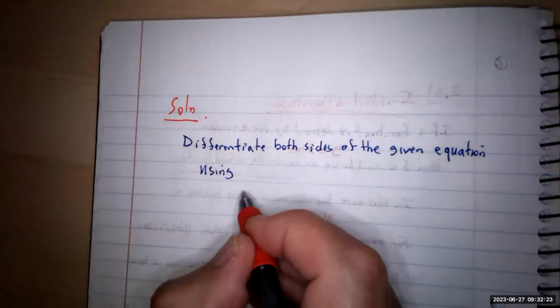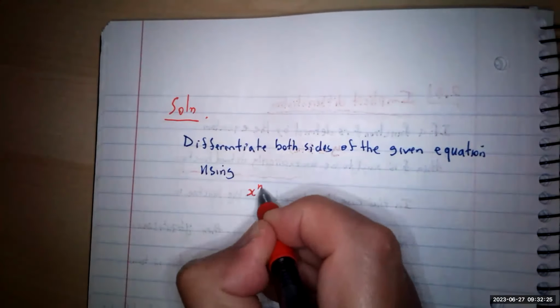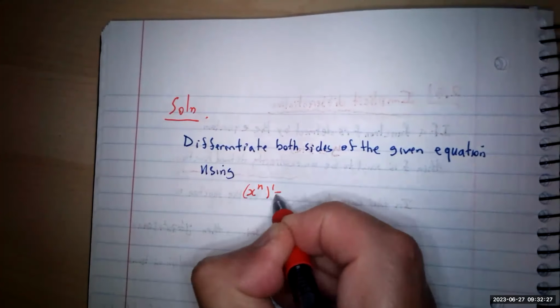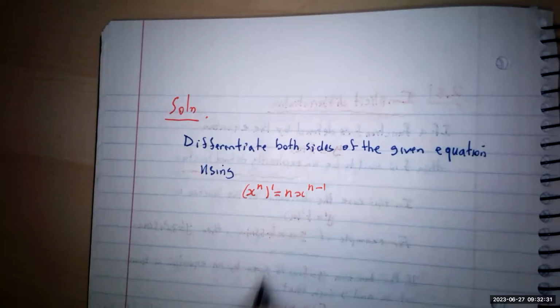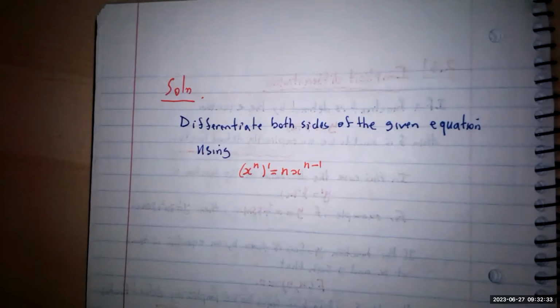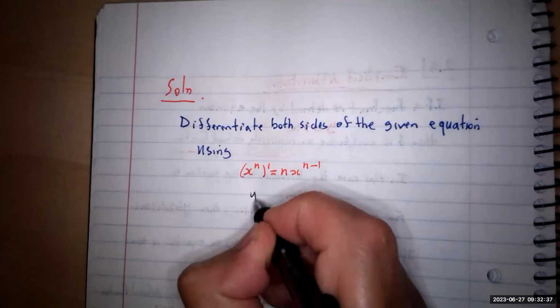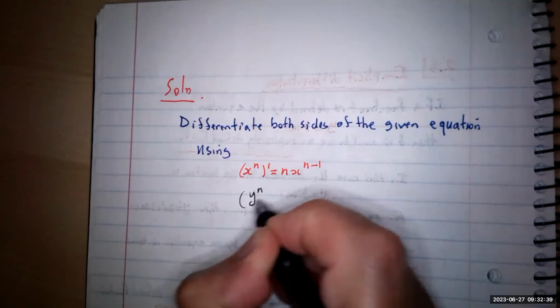When we get to the power of x, we just use the power rule. Derivative of x to the n is n x to the n minus 1. But when we get to the power of y to the n, use the chain rule.